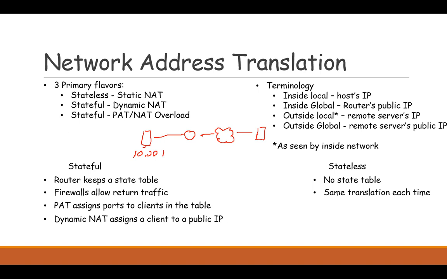And let's say your public IP address here is 5.4.3.2. And when you go ahead and try and access this web server over here, let's say it's an HTTPS server. So you're sending traffic out, and it's going to have a destination port of 443.